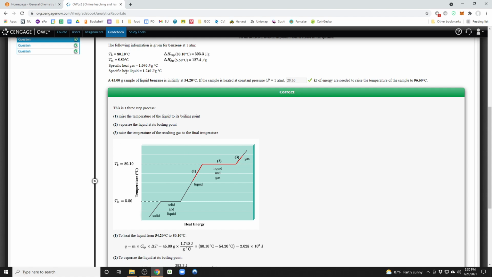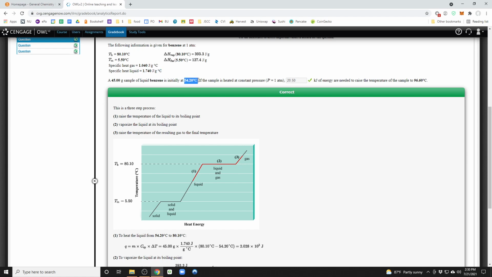So the specific heat of the liquid is going to be this right here, this section. And notice these units here. You can just do dimensional analysis, cancel off the units you don't want. All you want is joules here, because you want kilojoules eventually. And so all you need to do is cancel off the grams and degrees Celsius. The grams is going to be the weight here, and the degrees Celsius is going to be, of course, the change in temperature.